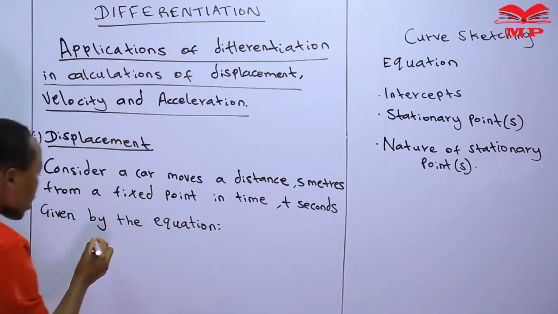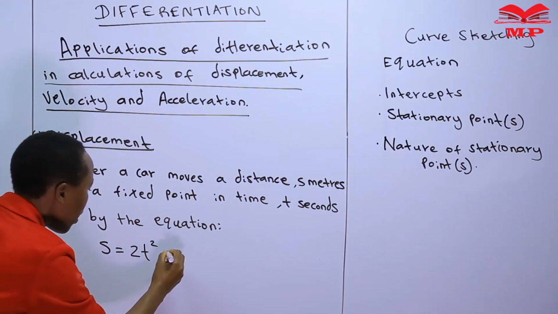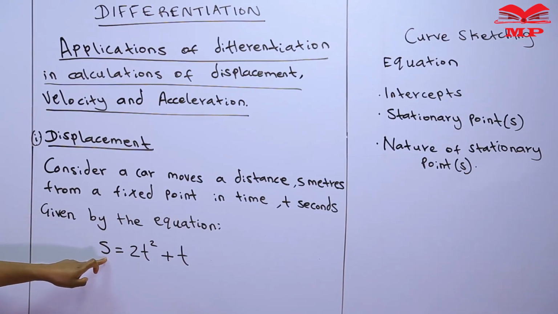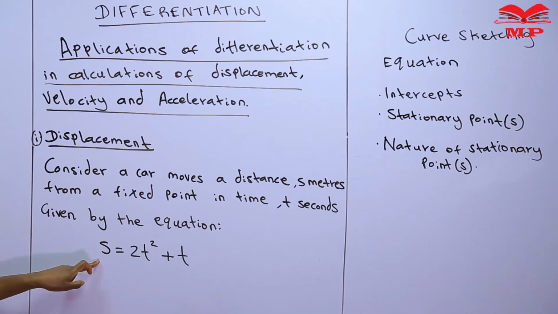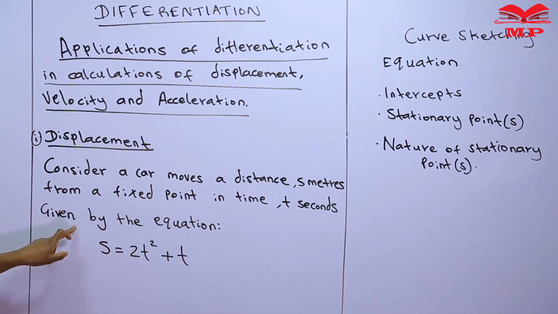The equation is s is equal to 2t squared plus t. You are considering a body that is moving a distance s meters. So this s stands for the distance or the displacement, then the t is the time, and it is given by this equation.